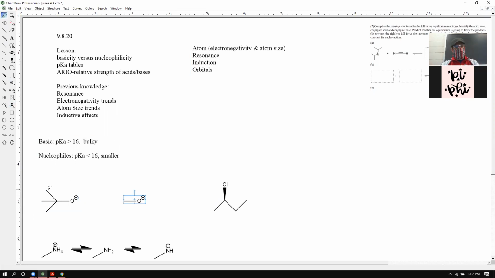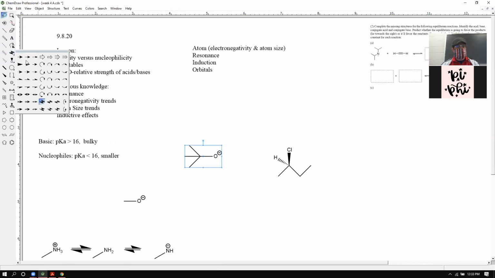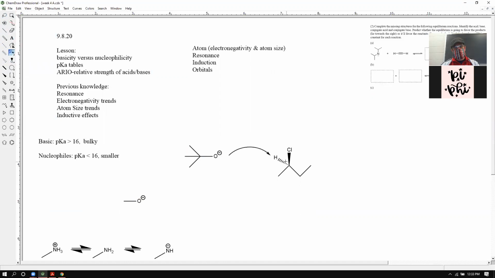So remember, the reason I say bulky is we've got to remember these carbon groups, these methyl groups and ethyl groups, are very large. So it has enough room to deprotonate, let's say, the 2-chloropropane here, and to go through an elimination.